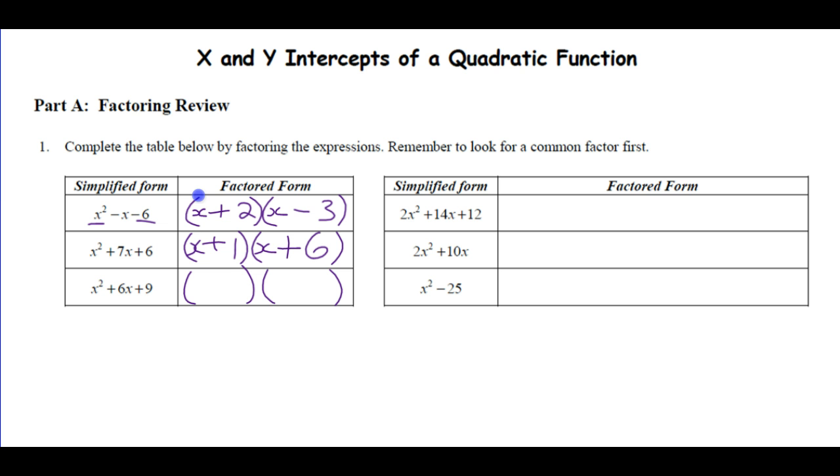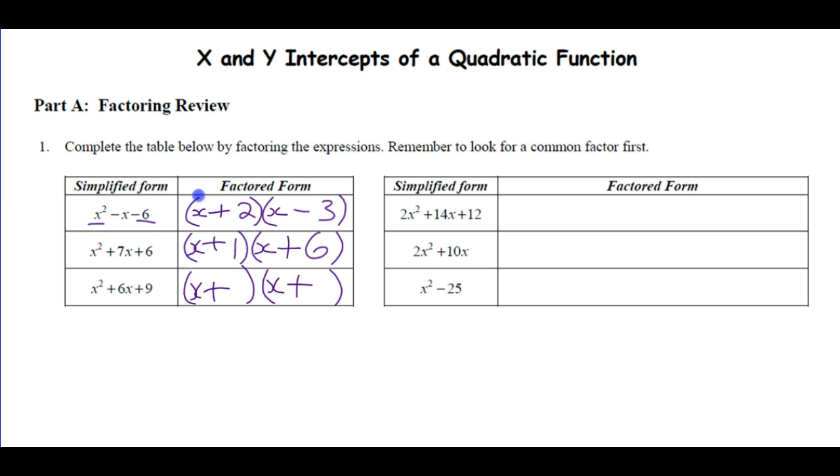X squared plus 6x plus 9. So this could be done two ways. One way is just the way we did the other one, right? Each one leads with an x, x and x. That's a plus, and the middle one is a plus, so I can just fill that in, right? It's x plus something, x plus something. Okay, so I call that factoring by a pattern of signs, right?